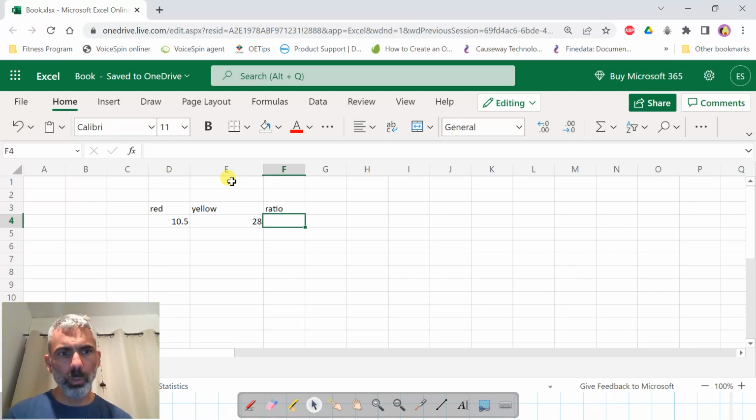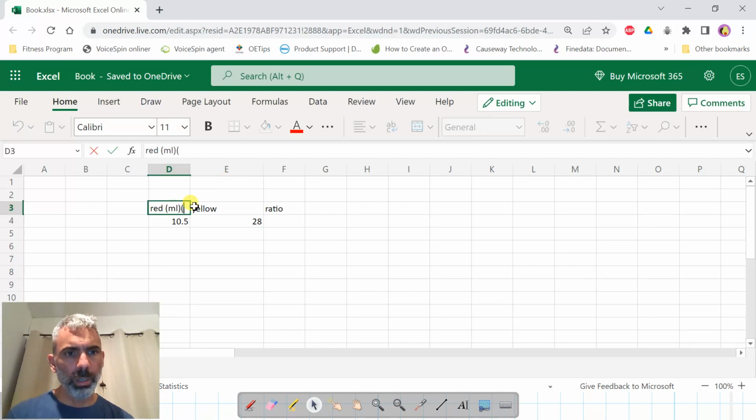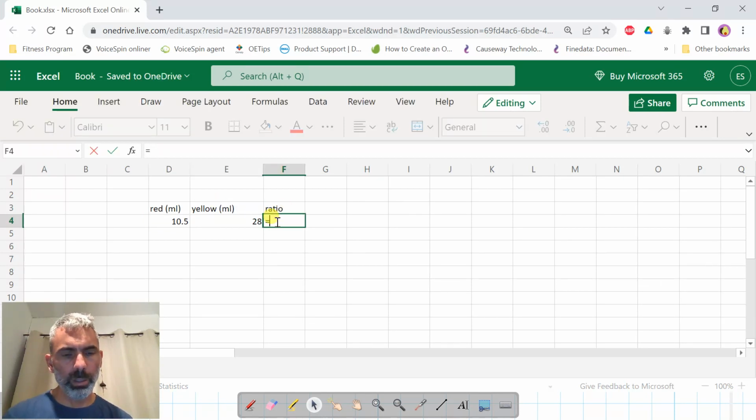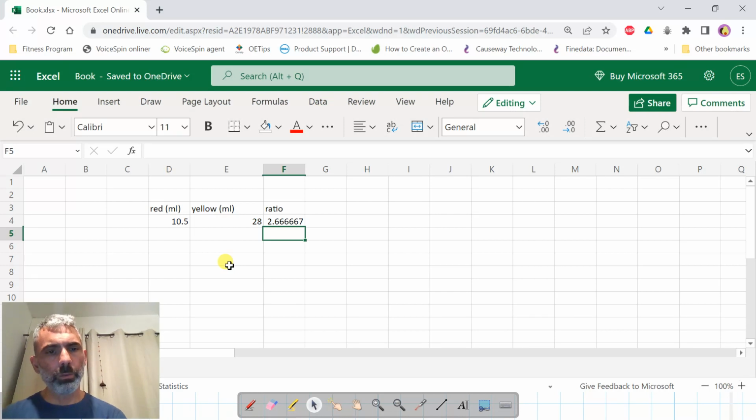So for every 1 red milliliter, and also the yellow milliliters, if I divide the 28 milliliters of yellow by 10.5, so for every 1 red milliliter of paint, I need 2.666 repeating milliliters of yellow.